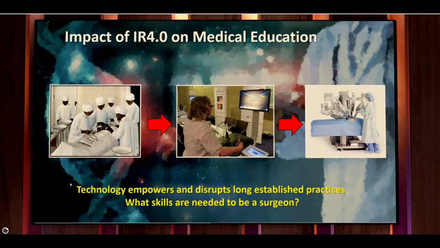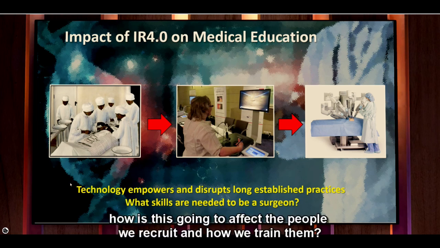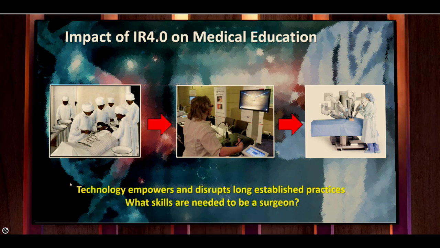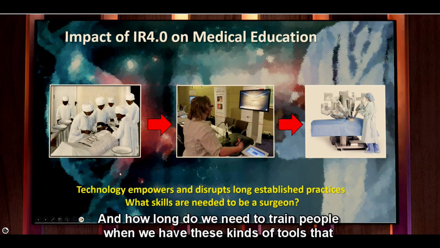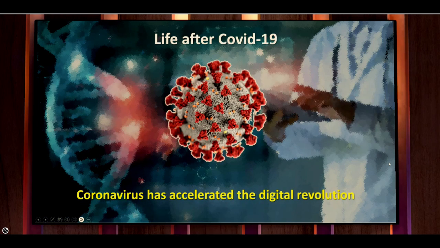So it begs the question, how is this going to affect the people we recruit and how we train them? What kind of skills are needed to be a surgeon, and how long do we need to train people when we have these kinds of tools that are available?